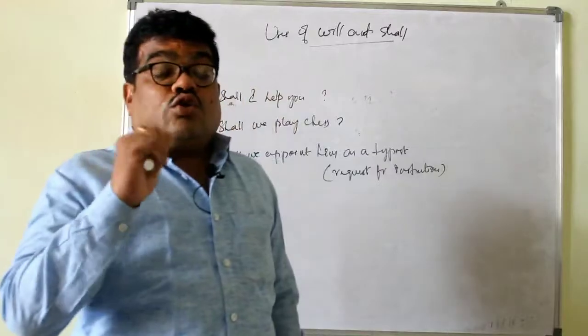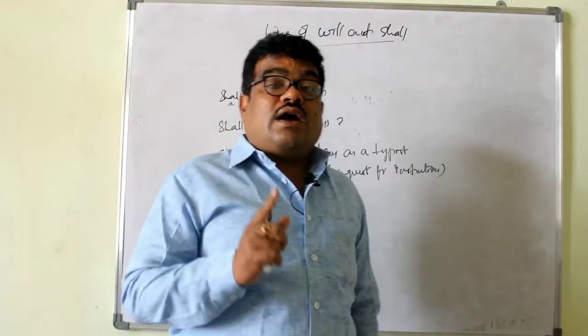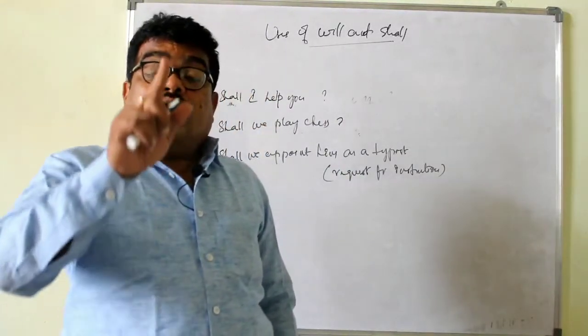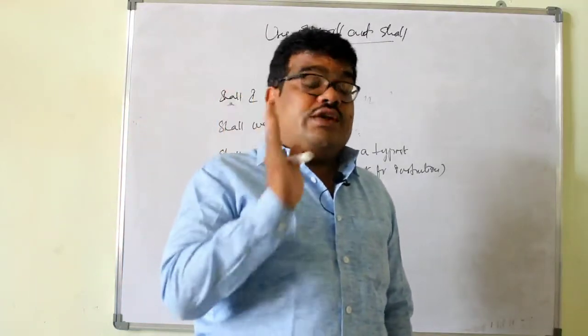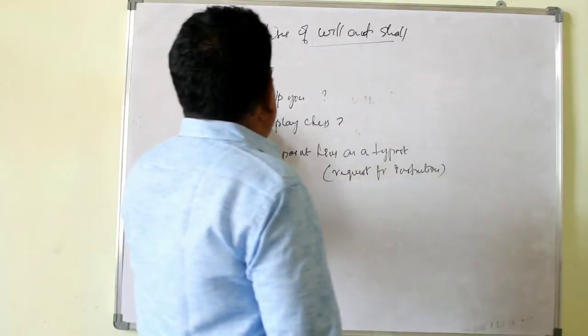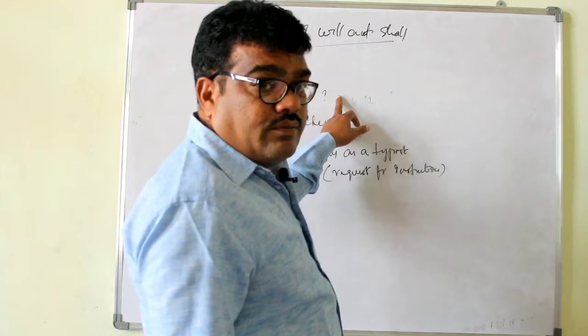Shall but not will is used for suggestions, advice, request for instruction. For all this, shall is used. We must not use will. You see the examples. First example: shall I help you? It is an offer.